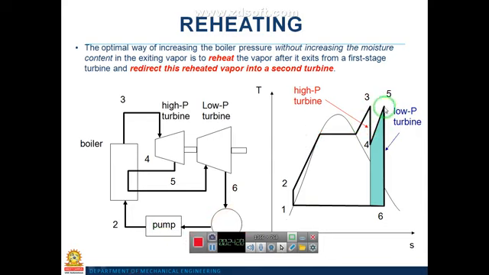At T5 the steam enters the low pressure turbine and expands to the condenser pressure. In the condenser, the liquid plus vapor mixture is converted back to liquid, and the cycle repeats. In the next class we will see in detail the working and how we derive the efficiency of the reheat cycle.